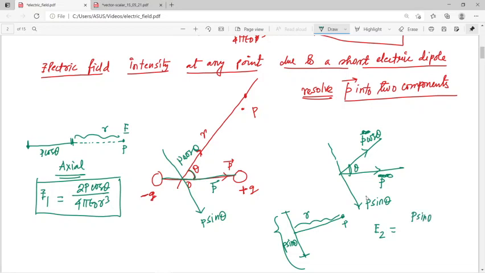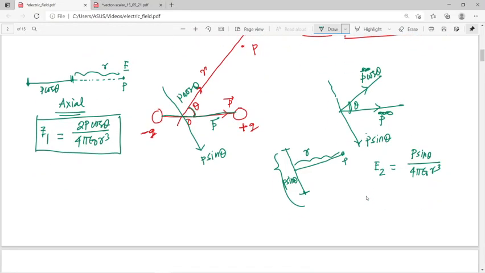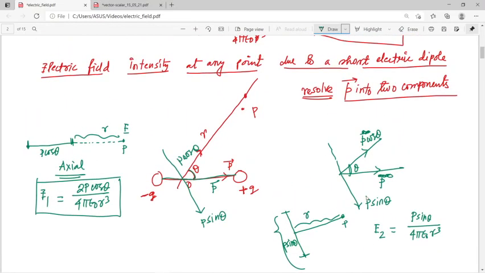So in place of p we are placing p sine theta, over 4 pi epsilon naught r cube. Is it okay? So we will get two fields, the electric field E1 and the electric field E2.